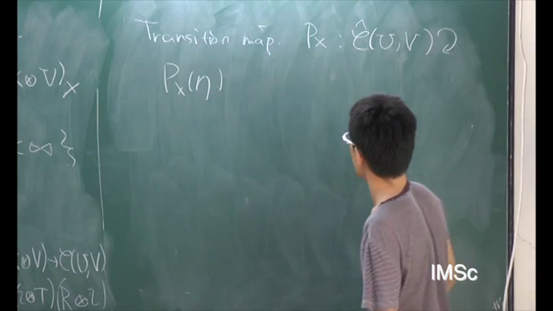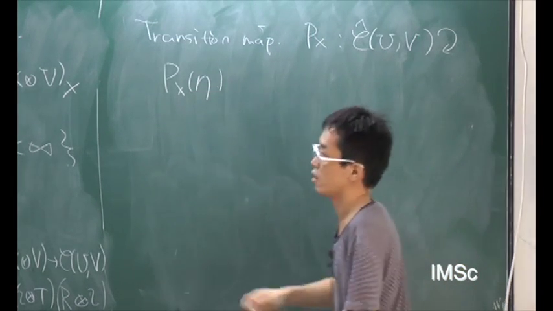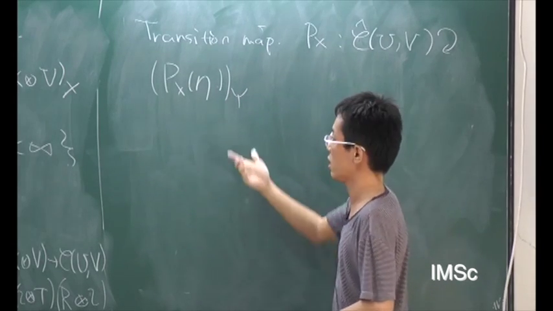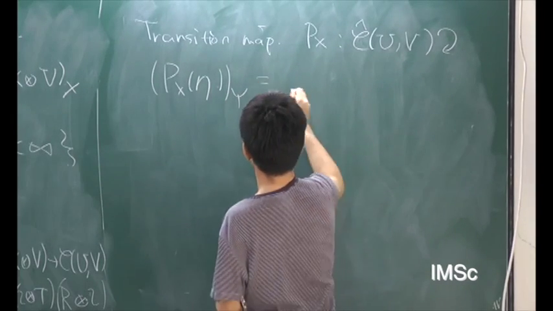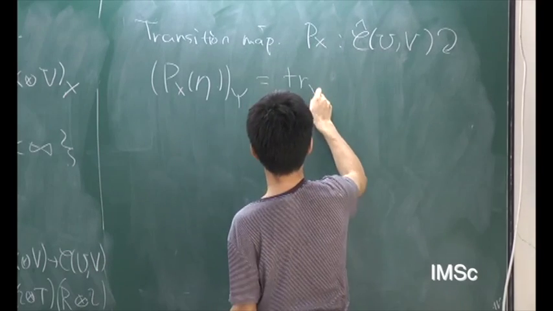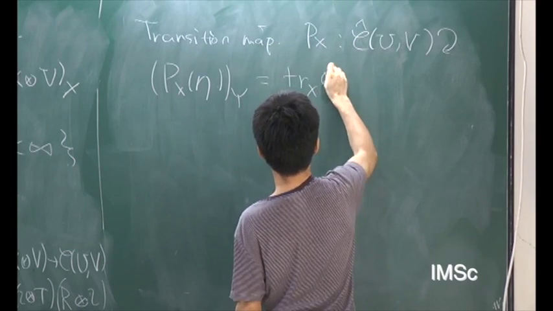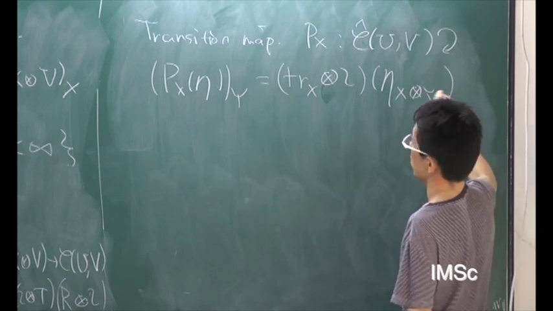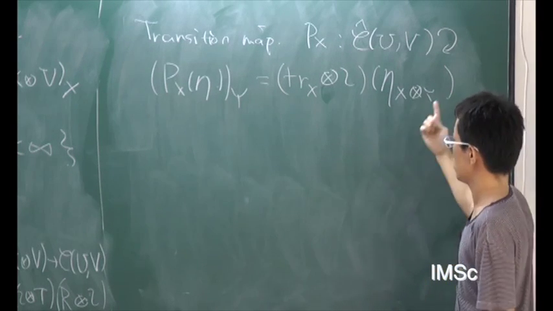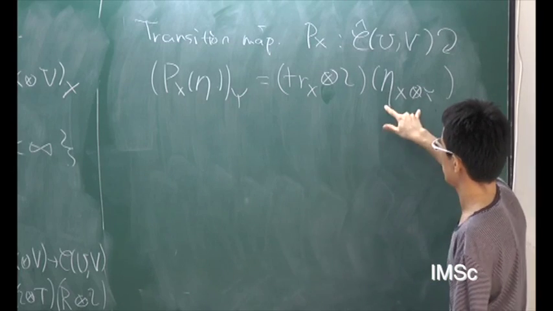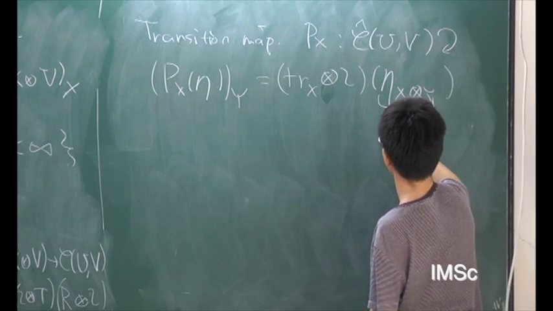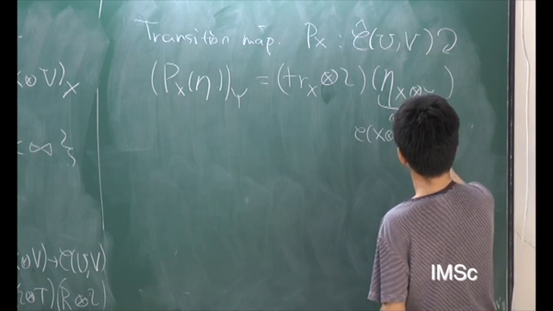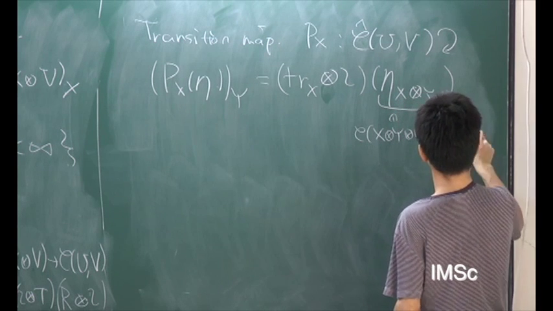So to define the image, we need to define a family like this. Let's say we want to define the value at y, which is given by the partial trace of the value of eta at x times y. Then this is well defined. So this is natural in y. And also this itself lives in C of x times y times u to x times y times v.